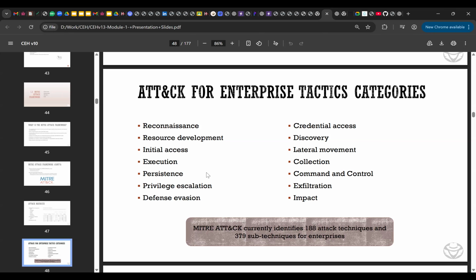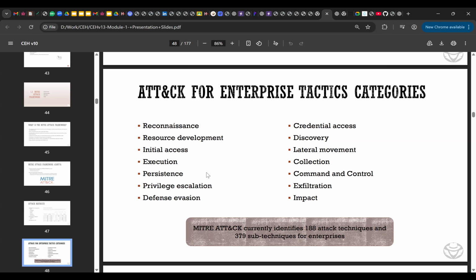Next is defense evasion. Defense evasion means, now I have entered into the machine, and the target machine also has some defenses in place. They will have a firewall, an antivirus, or some level of security.